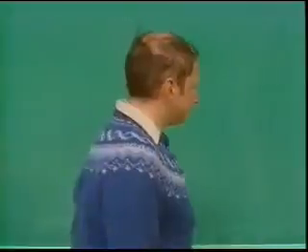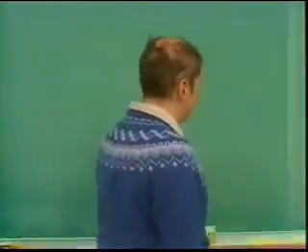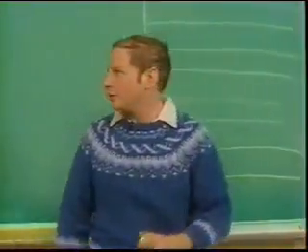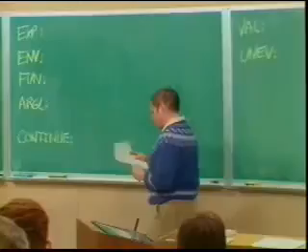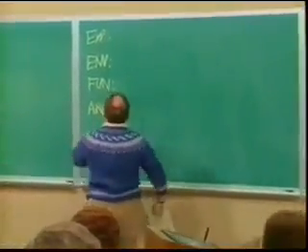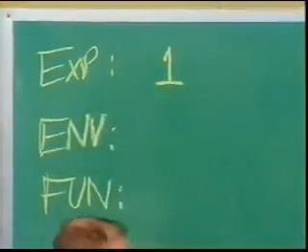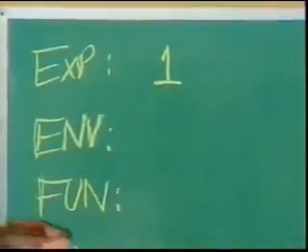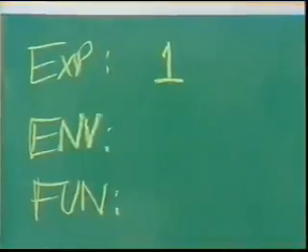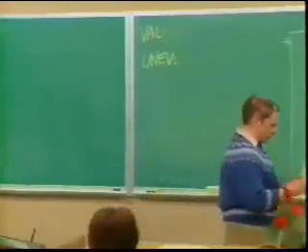All right, so let's start with a very simple expression. Let's evaluate the expression 1. And we need an environment. So let's imagine that somewhere there's an environment. We'll call it E0.